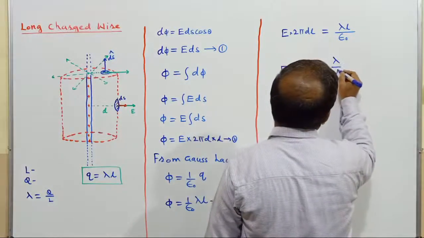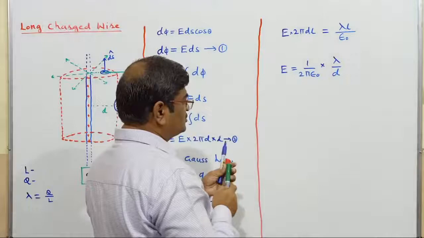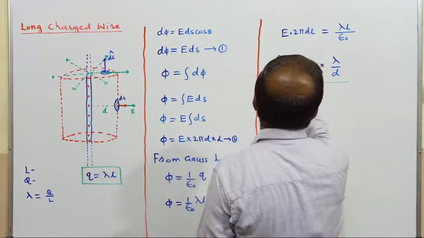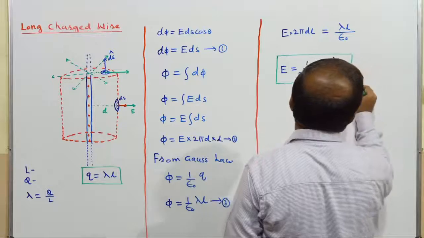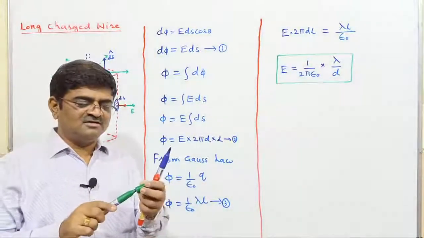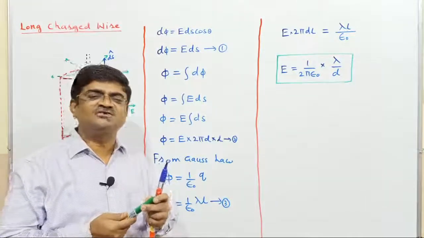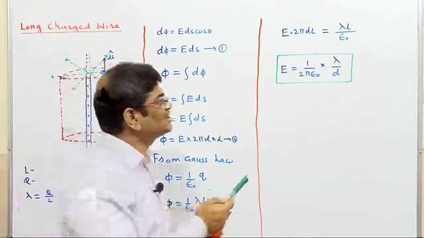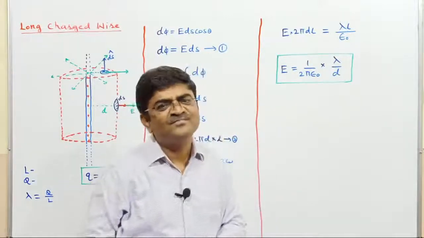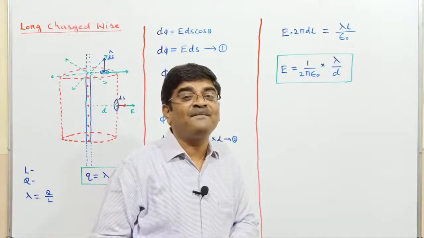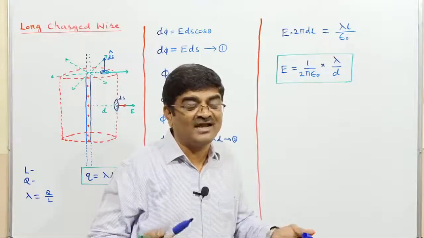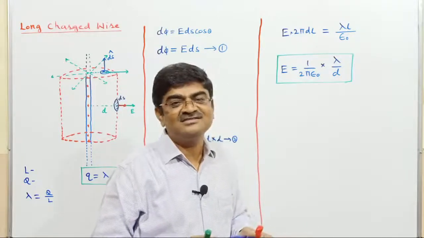So this gives me the electric intensity at any point from the long charged wire. In this expression, lambda is the linear charge density. And what is d? The perpendicular distance from the wire, where I want to calculate electric intensity.